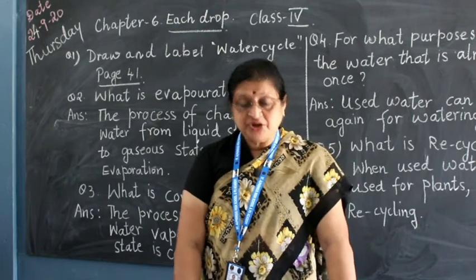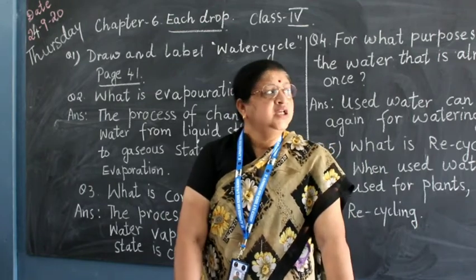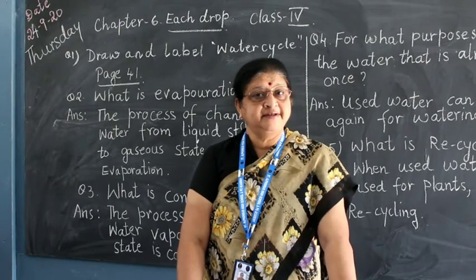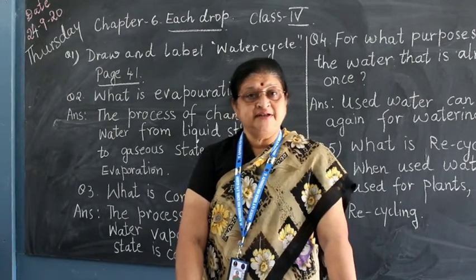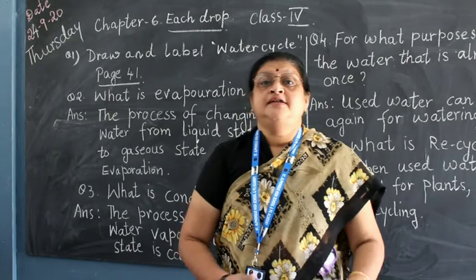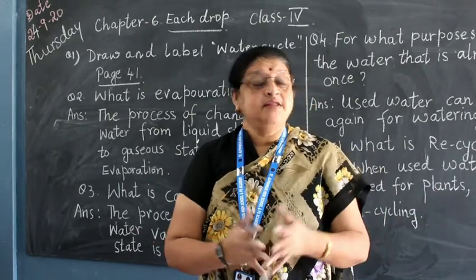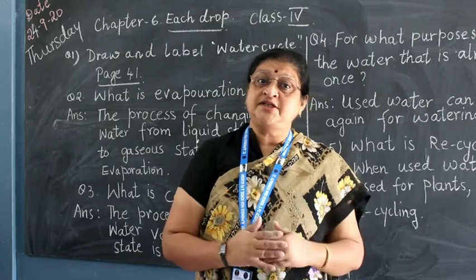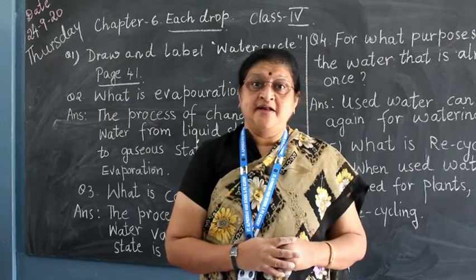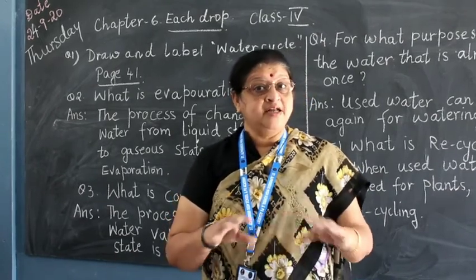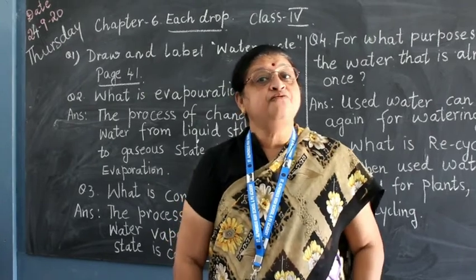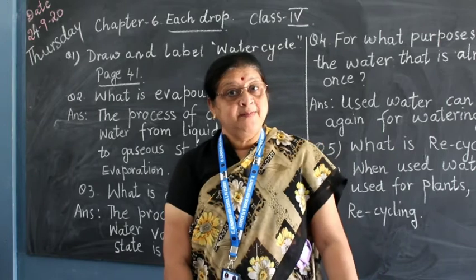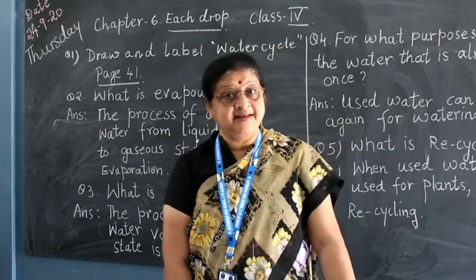Okay? Now children, when the sun is shining, what do you feel? Very hot, isn't it? And you feel thirsty, right? In the same way, on the earth and in the atmosphere, there are changes taking place. In the atmosphere and on the earth, you have water like rivers, oceans, ponds, everything is there.